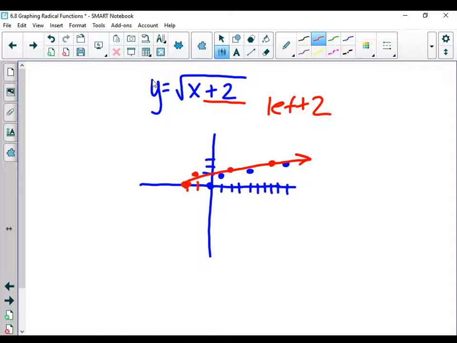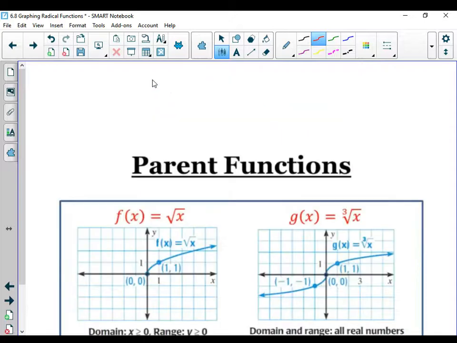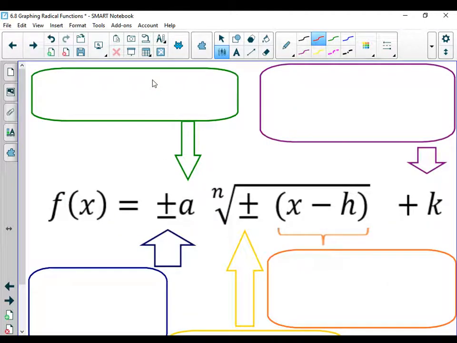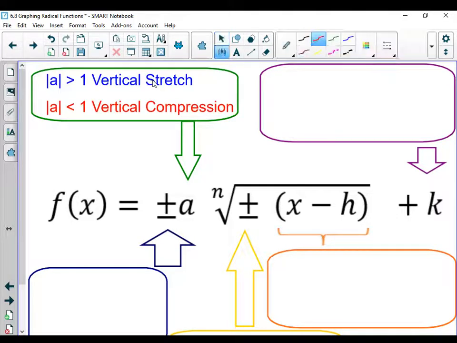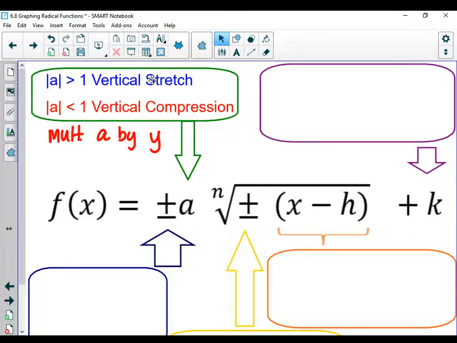So what I probably would do on this page right here is I would put multiply a by your y values. Multiply a by all of your y values.